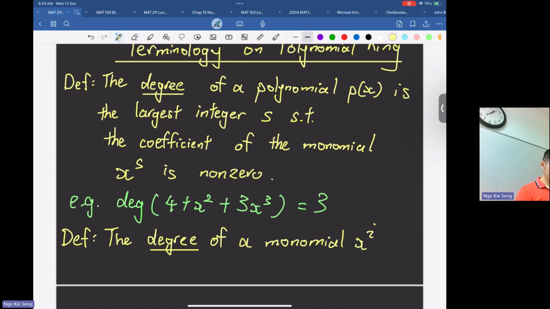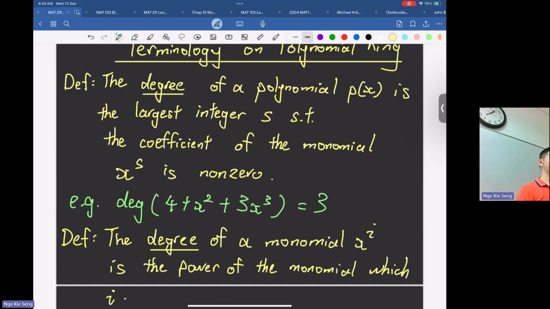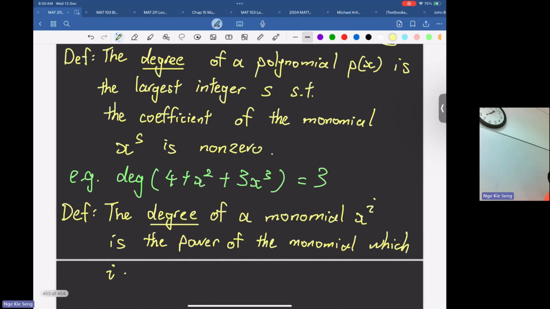Okay, the degree of a monomial x^i is just i, the power i. The degree of a monomial is just i.